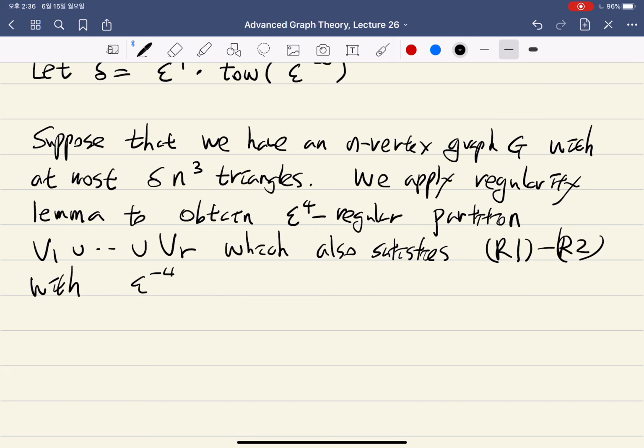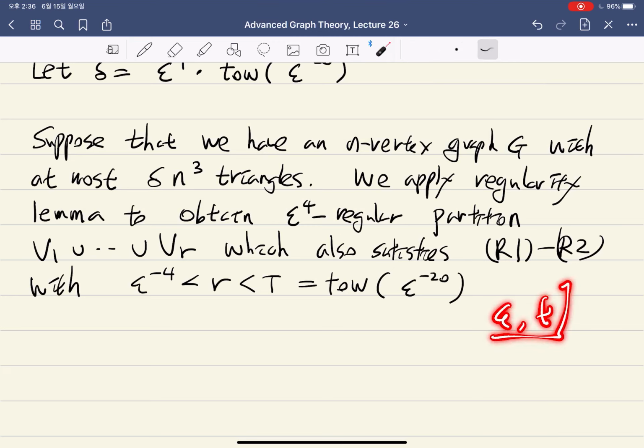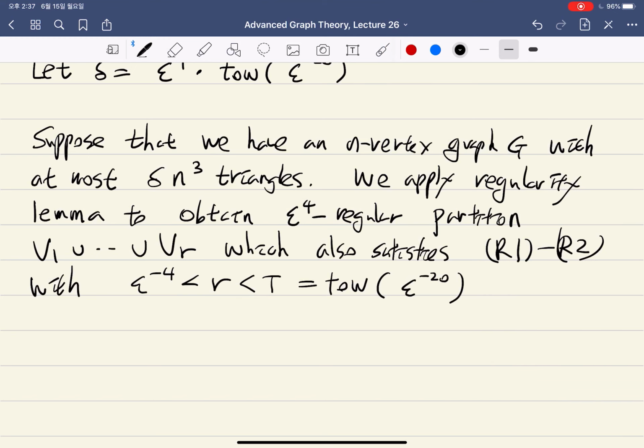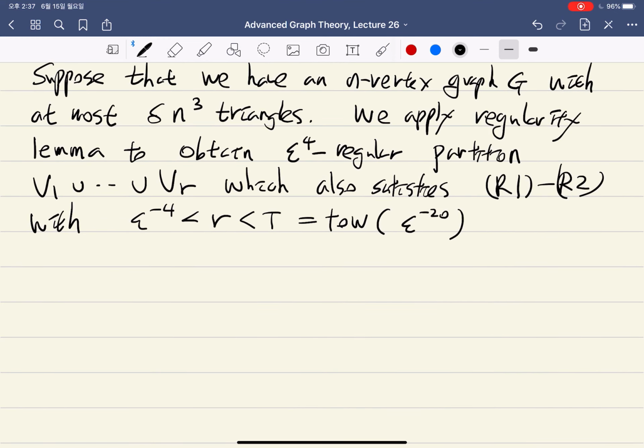Let's say R is at least epsilon to the negative 4, and at most t, which is a tower of epsilon to the negative 20. So we take epsilon and t and then apply the regularity lemma. Here our choice is epsilon to the 4 and epsilon to the negative 4. Then you get this partition, so that R is at least epsilon to the negative 4.